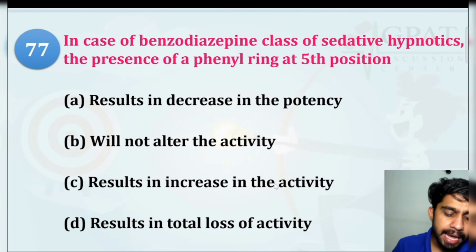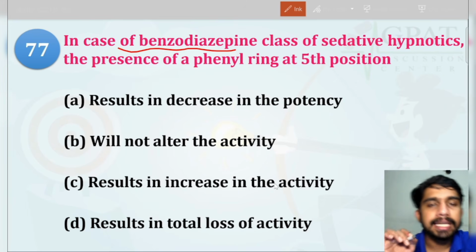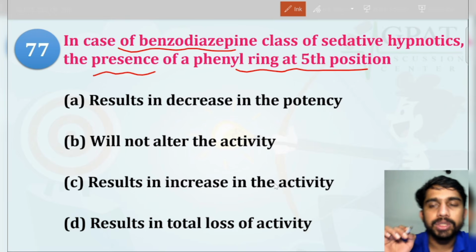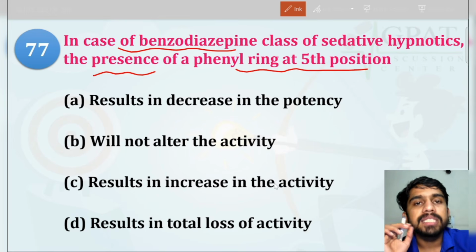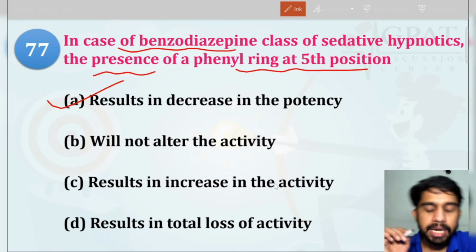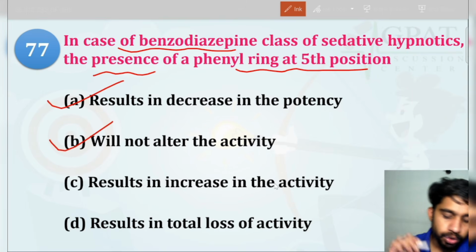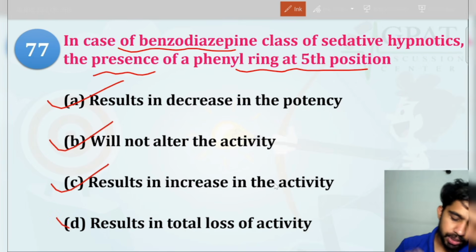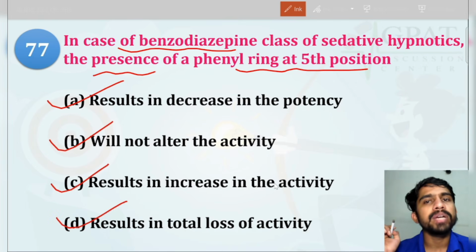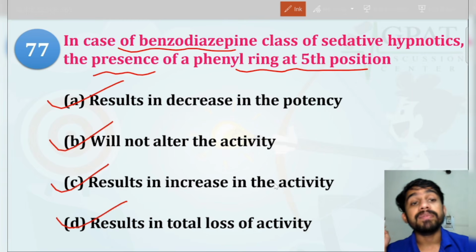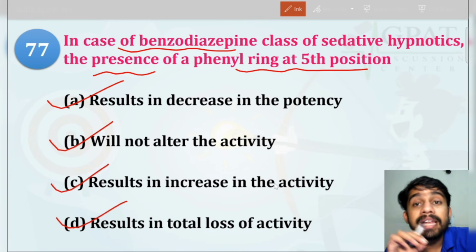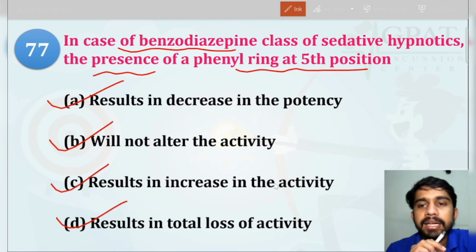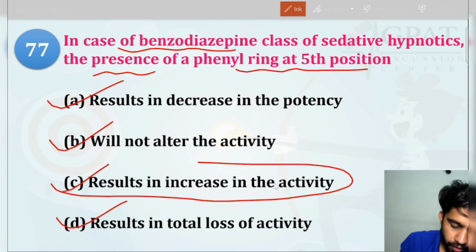Next question. In the benzodiazepine class of sedative hypnotics, the presence of a phenyl ring at the fifth position: the first option results in a decrease in potency, the second will not alter the activity, the third results in an increase in activity, and the fourth results in total loss of activity. So when there is a phenyl ring at the fifth position of benzodiazepine, that will result in an increase in potency.